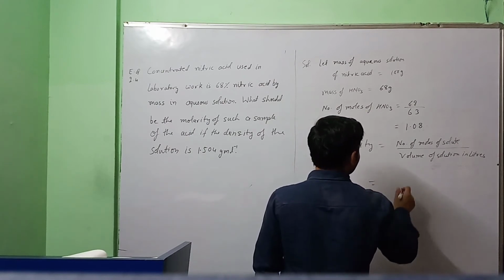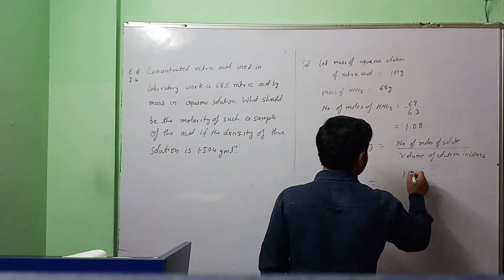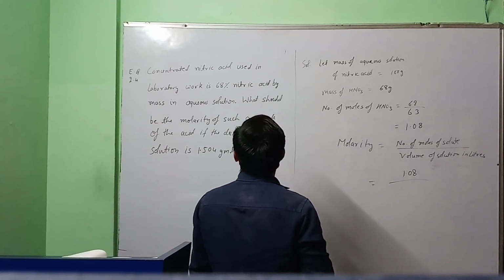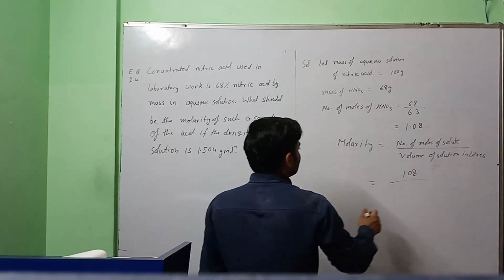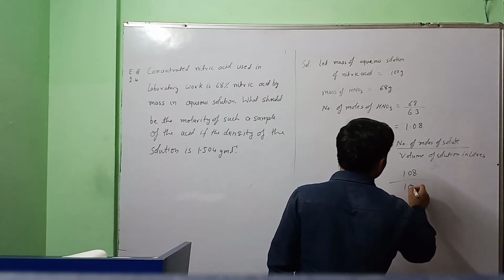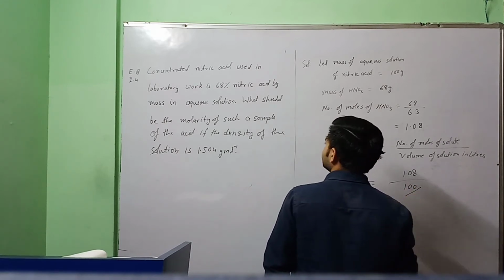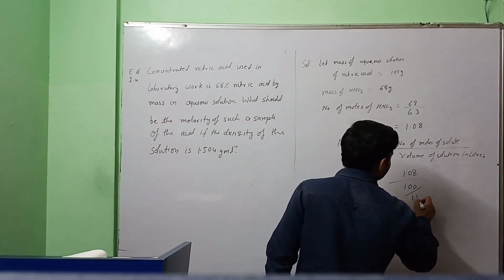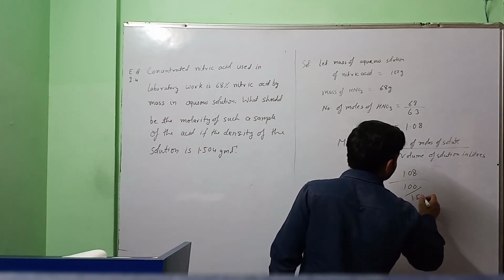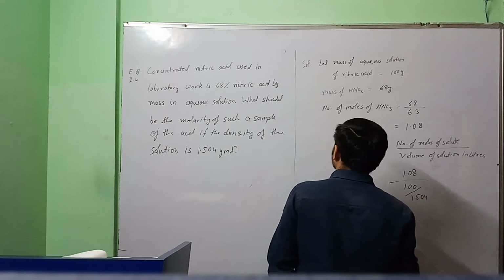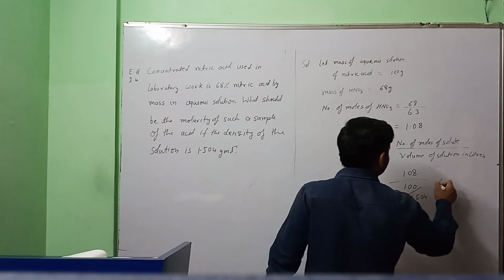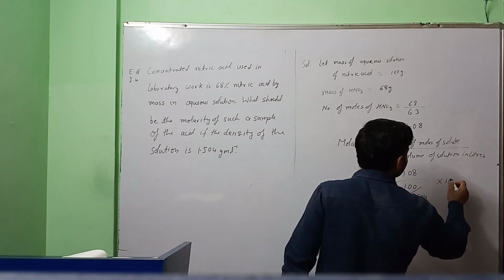Now number of moles we have 1.08 divided by volume of solution. So volume of solution will be mass divided by density, and density is 1.504. This volume will come in milliliters, so we have to convert it into liters.